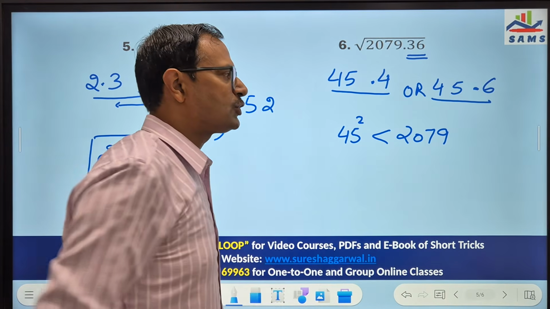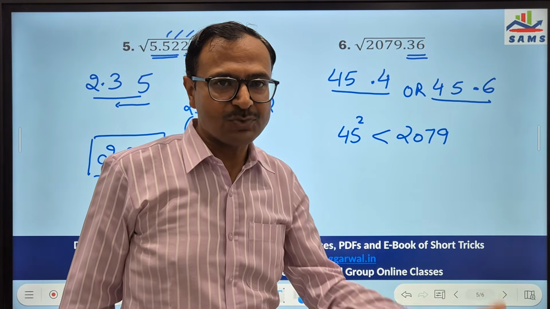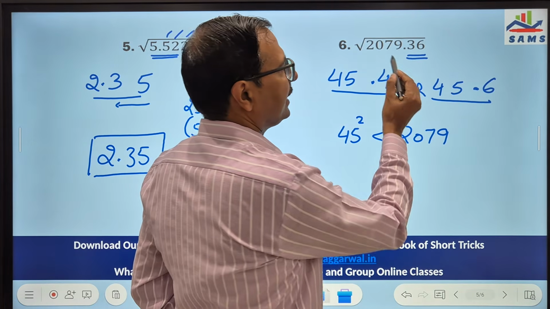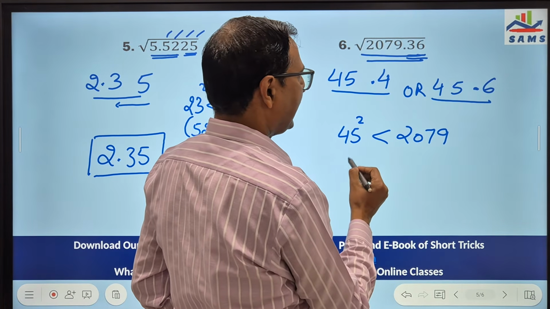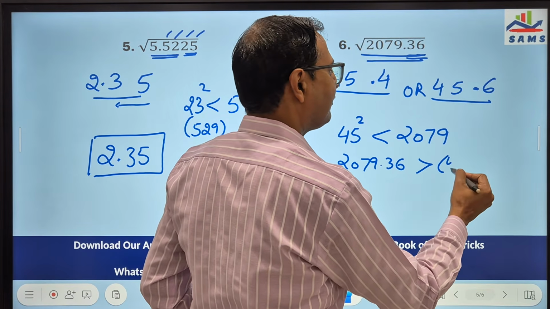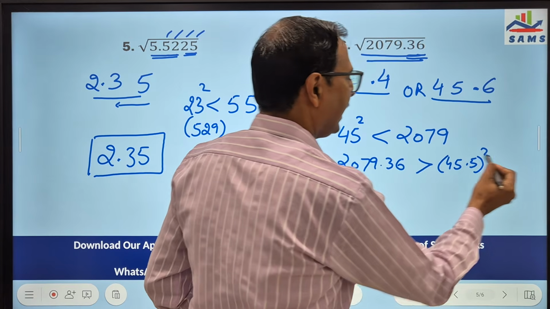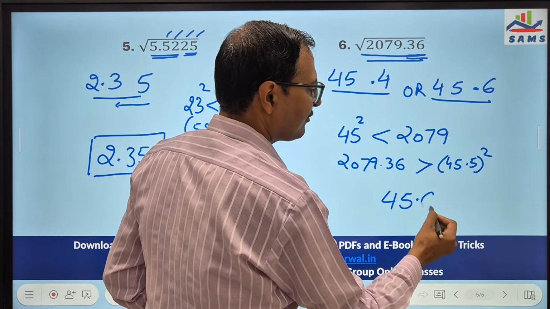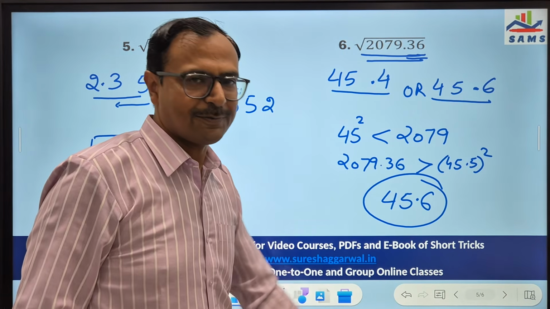So all you have to do is compare it with 45.5 square now, which will give you the final answer, and you will find that this number, 2079.36, will be greater than 45.5 square, and if my number is greater, the answer is the greater one. 45.6 will be your answer for the question.